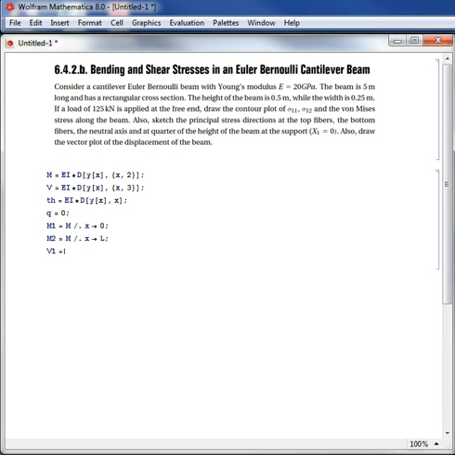Shear, the shear at the left end is equal to the shear when x is equal to 0.